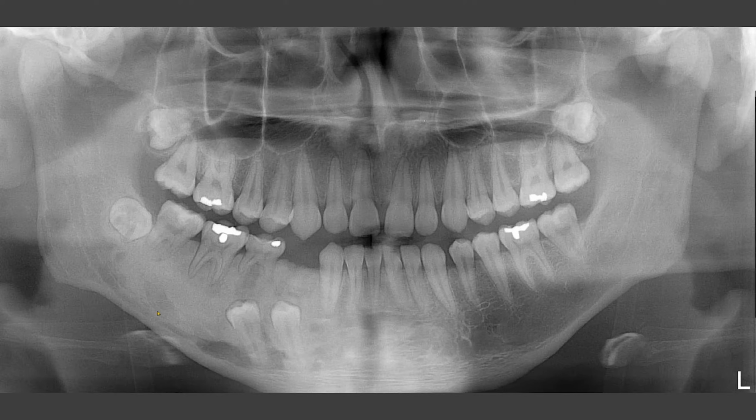The extent of this condition is difficult to describe. It extends from the alveolar crest to the inferior border of the mandible. I cannot really tell you what the mesial and distal extents of this condition are. This is one of the features of fibrous dysplasia: the border blends into the neighboring bone. There is no cortical margin in fibrous dysplasia.